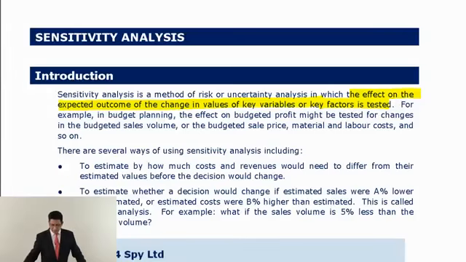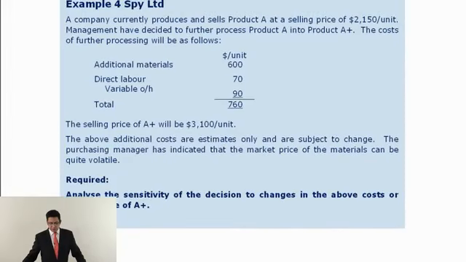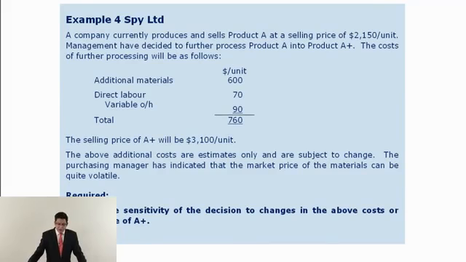So let's have a look at an example. SPY Limited. Requirement: analyze the sensitivity of the decision to changes in the above costs or selling price of A plus, which I think looks like a product. A company currently produces and sells product A at a selling price of $2,150 per unit.